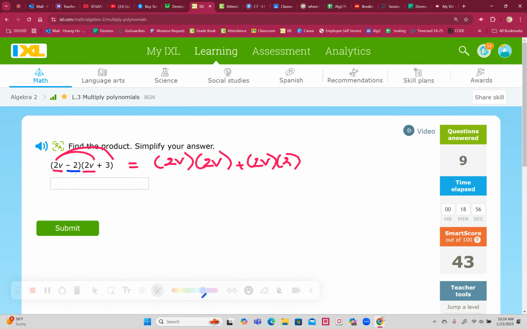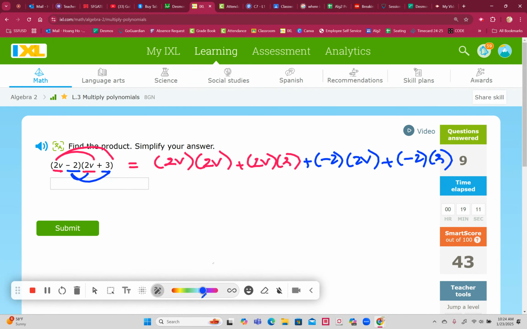Do not forget the negative sign. Negative 2 times 2v, and then negative 2 times 3, right there. Okay, so let's multiply them out. 2v times 2v. Number with number, 2 times 2, that's a 4.